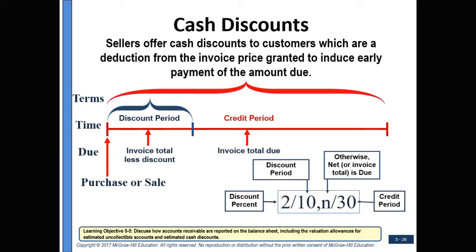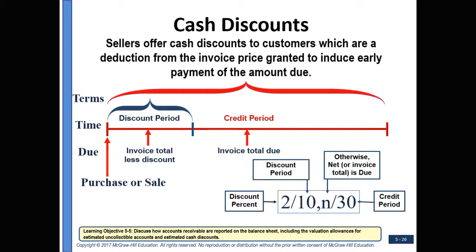So here we're showing you what that looks like when that term is at play. There will be a notation on the invoice and it'll look like this: 2/10, N/30, or it may say net 30. How you read that is the discount percentage, so 2%.